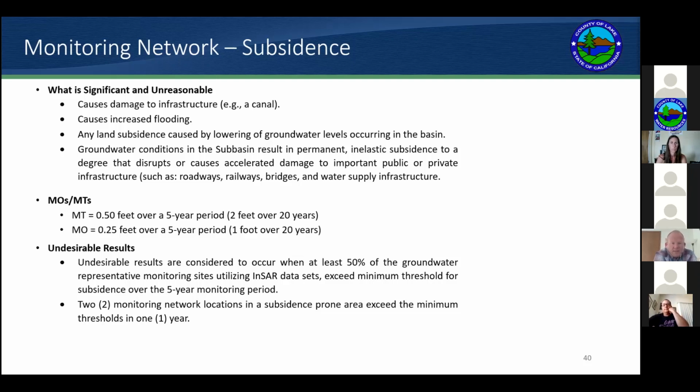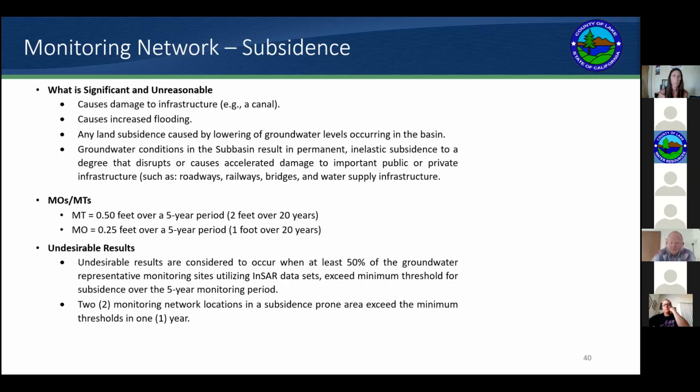What do folks think about the INSAR technology, and maybe setting the MOs and MTs at the accuracy of the technology? Okay, what do folks think about that? Renee, go ahead. Thanks, Christy. I think everything you've laid out seems really reasonable.